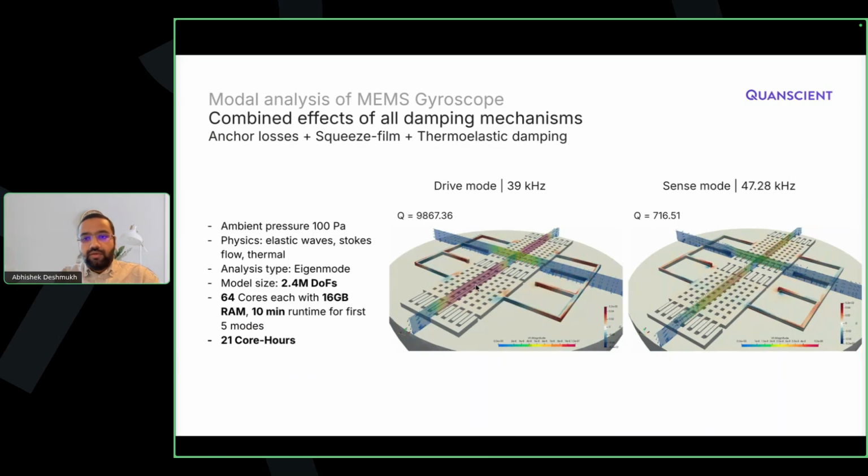And this was done in a full 3D, 2.4 million DOFs, used about 64 cores, and took just 10 minutes of runtime to obtain 5 modes, which include these two modes of interest for us. And that was quite interesting to see.